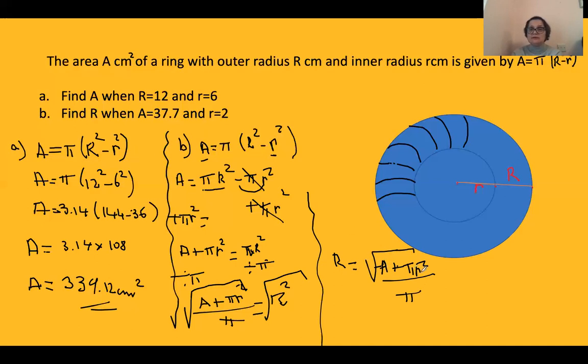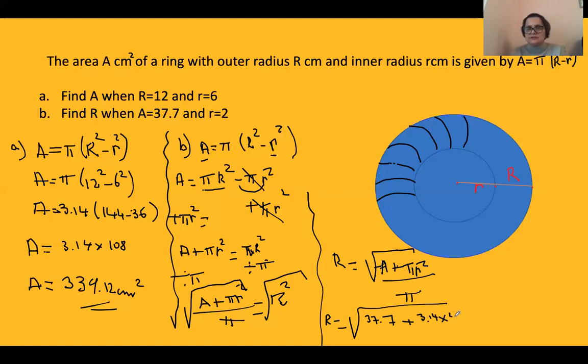Now let's have a look at what we have in part B. We have little r, and then pi, of course. So all we need to do is substitute. After we substitute, this is what we have. A is 37.7, so 37.7 plus 3.14 times r to the power of 2, so times 4.